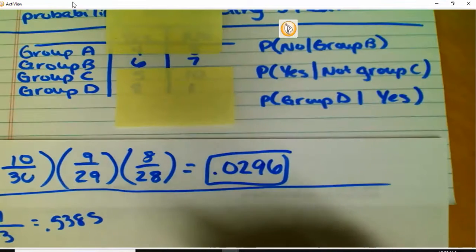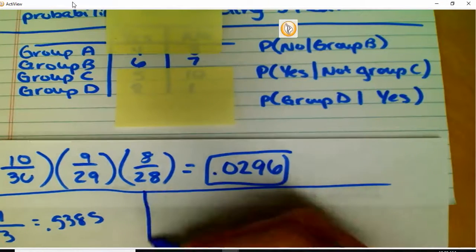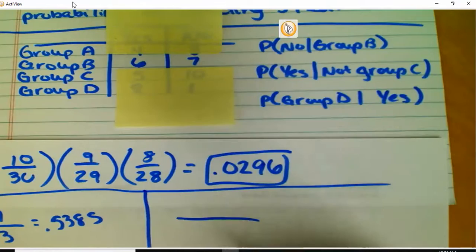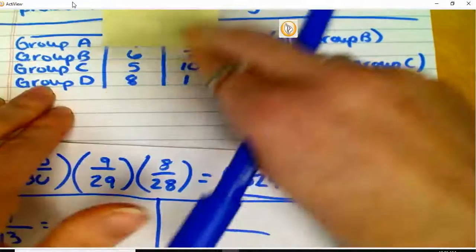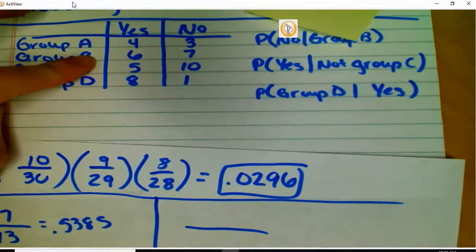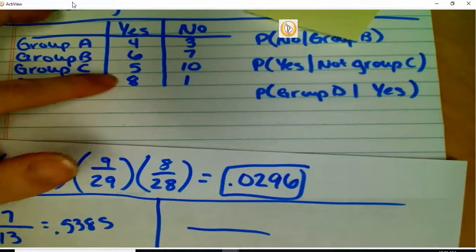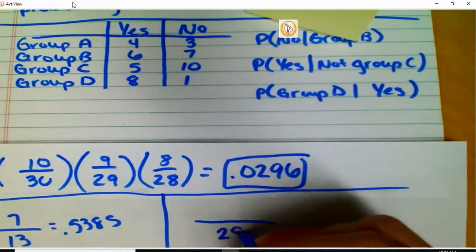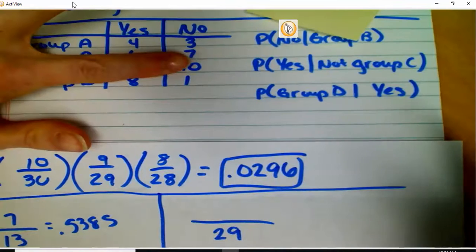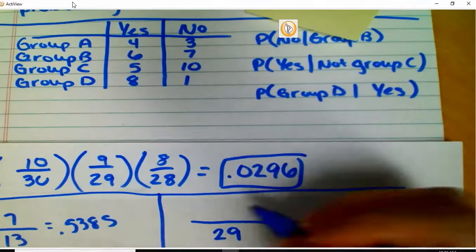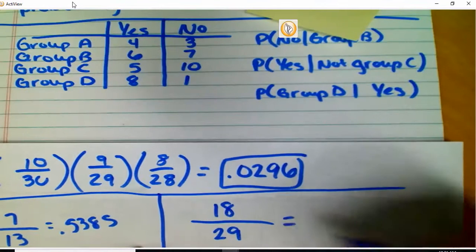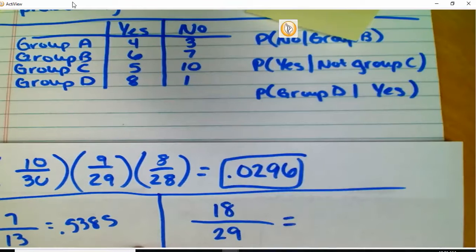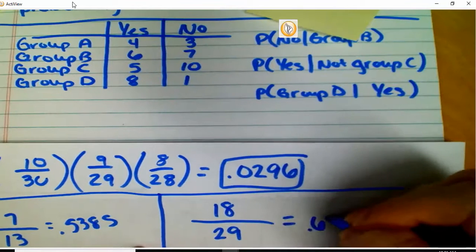Second one, yes given not in group C. So you have to add up groups A, B, and D, and you get 29. Out of those, so everybody but group C, how many said yes? So 18 out of 29, or 0.6207.